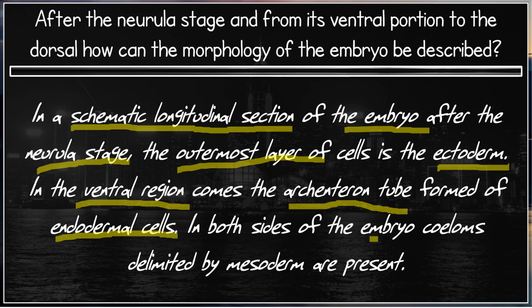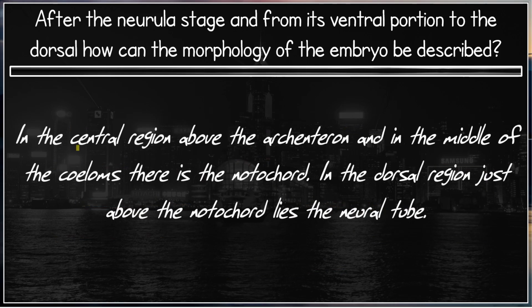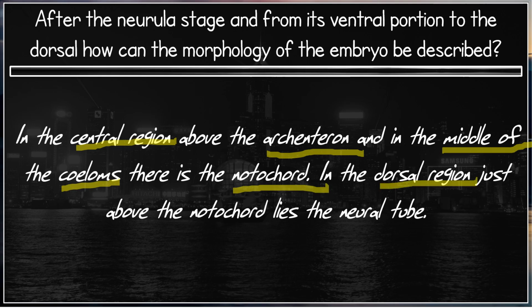On both sides of the embryo, coelom, delimited by the mesoderm, are present. In the central region, above the archenteron and in the middle of the coelom, there is the notochord. In the dorsal region, just above the notochord, lies the neural tube.